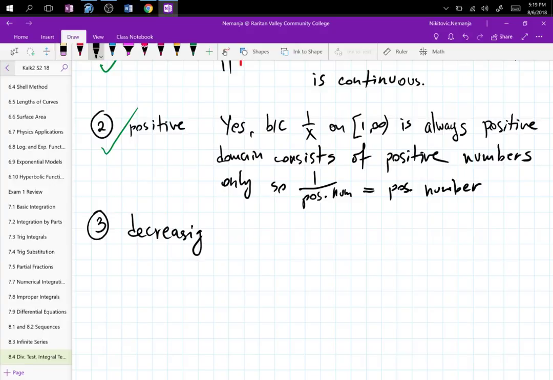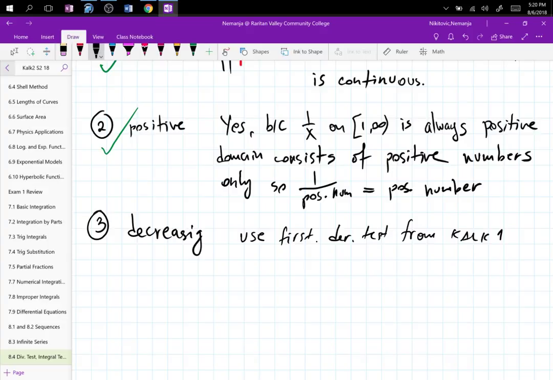So we have now decreasing, and to check if the function is decreasing on the interval 1 to infinity, we can just run the first derivative test from Calc 1. All right, let's use the first derivative test.